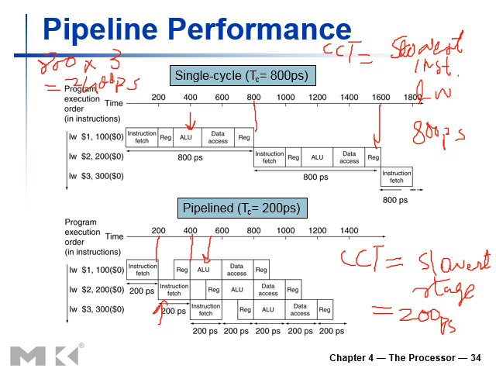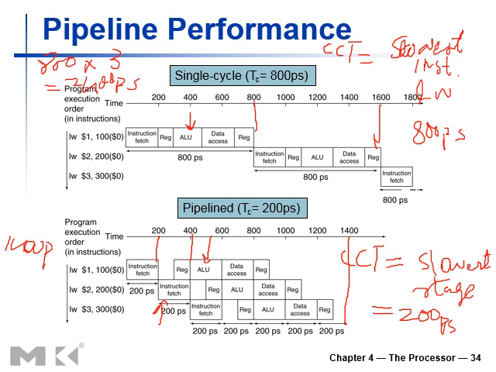In that particular scenario, our execution time is equal to 1400 picoseconds. So the program that was previously executed in 2400 picoseconds is now executed in 1400 picoseconds.